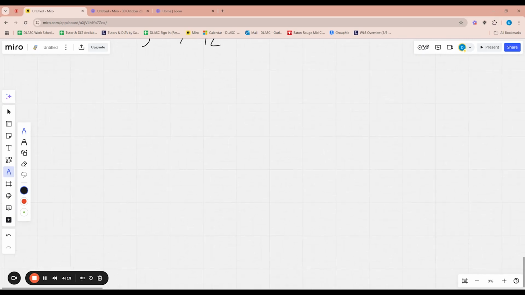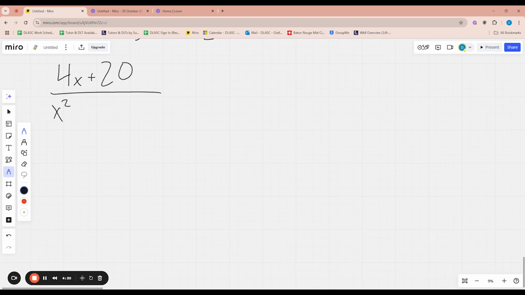But what if we want to find the zeros? What if we want to find where these expressions are undefined? So we'll use the same equation, 4x plus 20 over x squared plus 12x plus 35, and do the same first step.